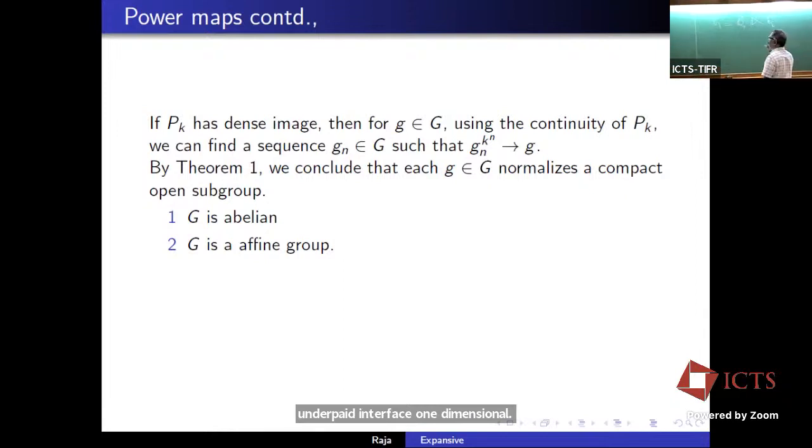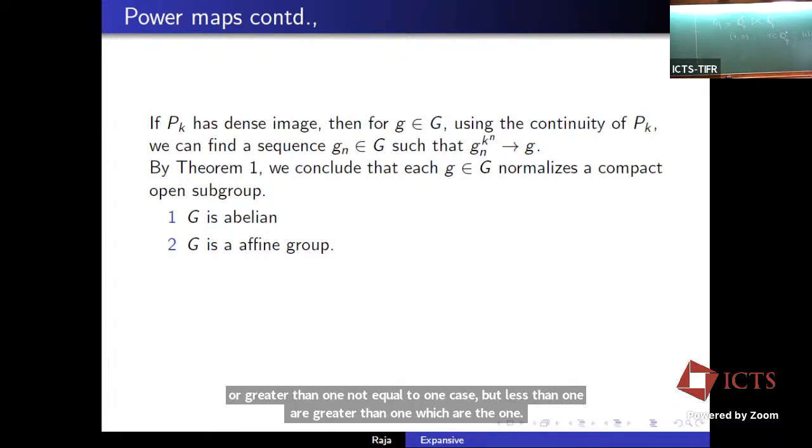On this one, it does tell us something, because this group has elements that don't normalize any compact open subgroup. For instance, look at elements of the form (r, 0), where r is in Q_p star, and r has p-adic absolute value less than 1 or greater than 1, not equal to 1.